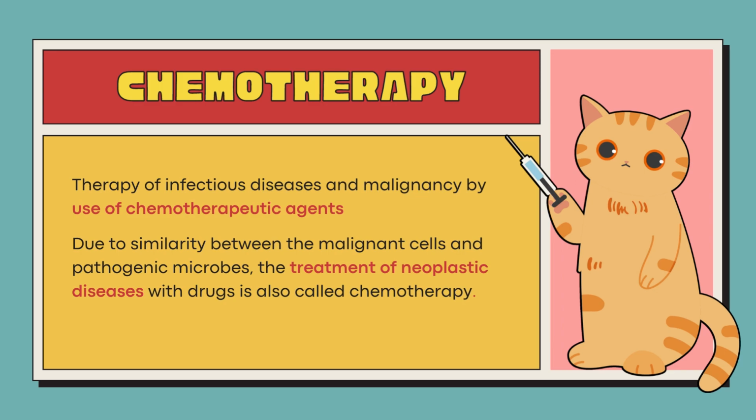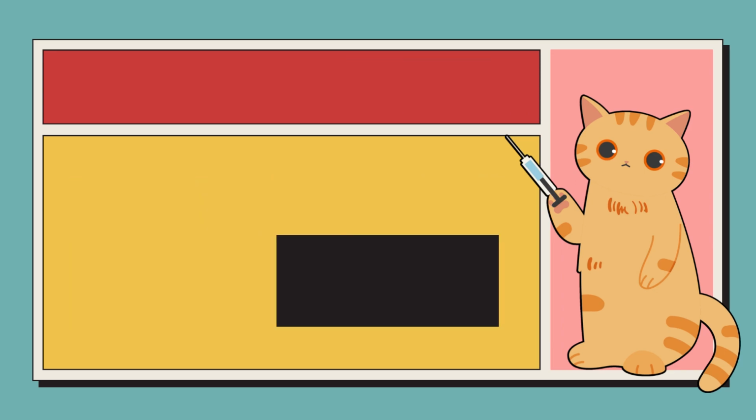The chemotherapeutic agents have minimal or negligible effect on hosts due to similarity between the malignant cells and pathogenic microbes. The treatment of neoplastic diseases with drugs is also called chemotherapy.